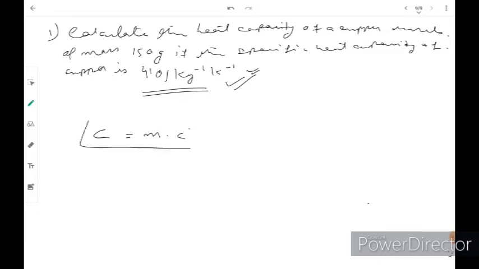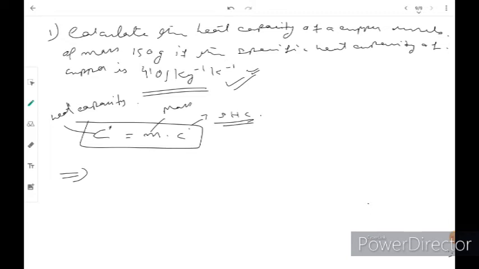This is the formula of heat capacity, where m is the mass and c is the specific heat capacity.